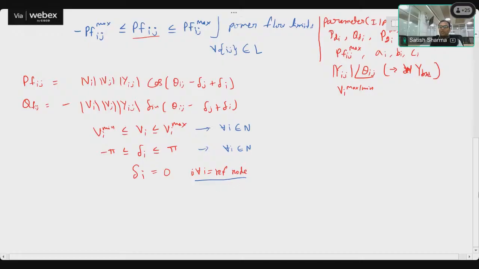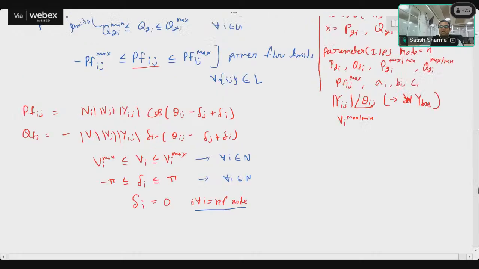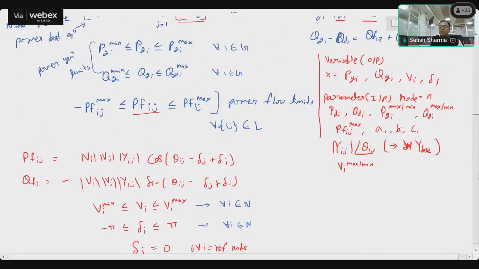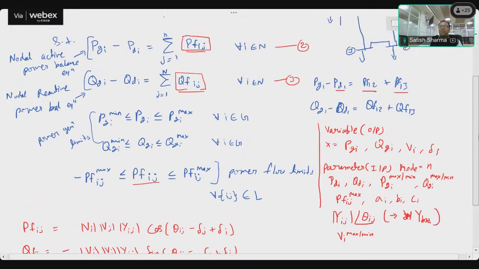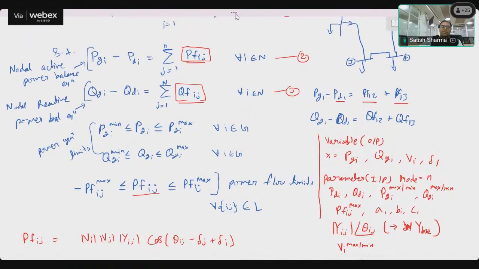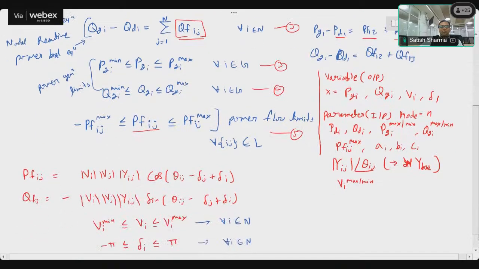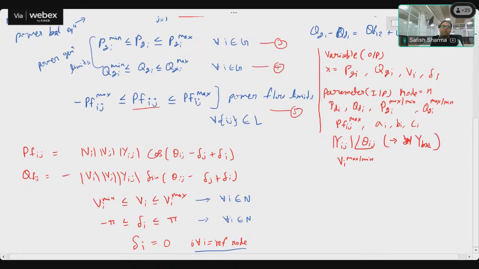So this is how we write down any generalized optimization problem. We make sure each and every piece of information is provided here. If I name the equations, this is equation number 2, 3, 4, 5, and this PFij and QFij will take the values above.